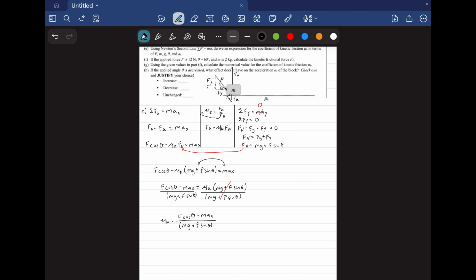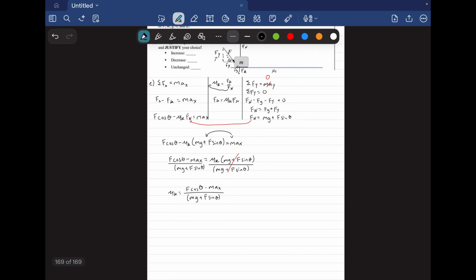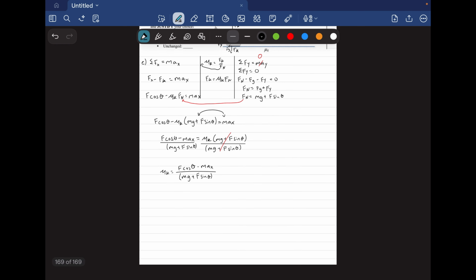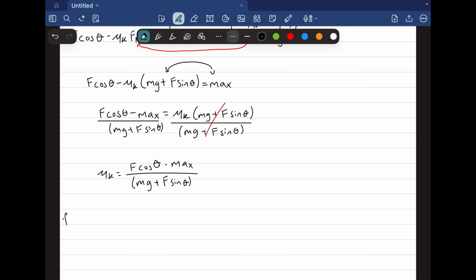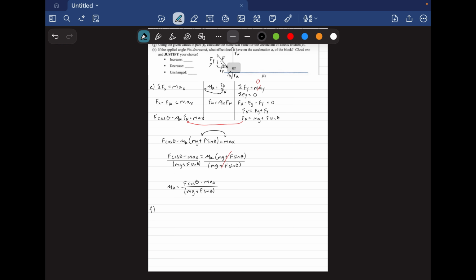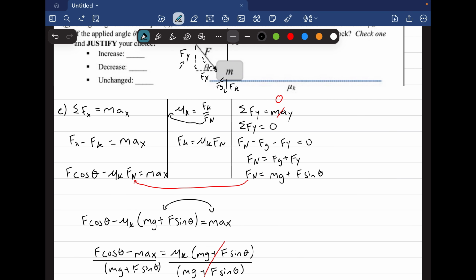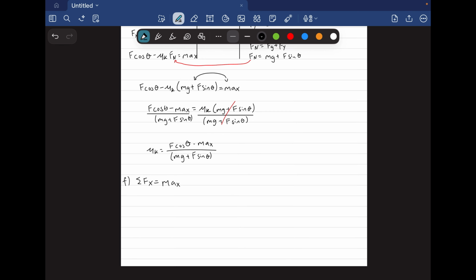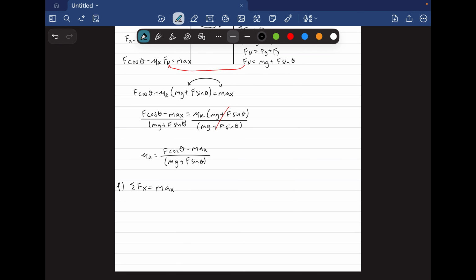And now for part F, it wants us to find Fk given those values. So earlier in part E, we know, okay, I'll write it. So net force in the horizontal axis, right? I'll expand on it.